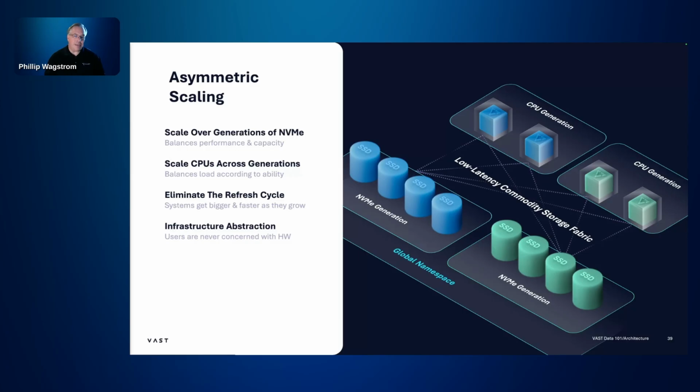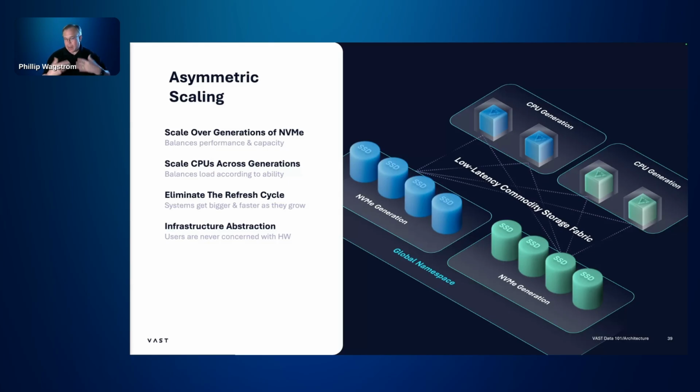And the nice thing about this is that as we add in those additional components, as we add in additional C boxes in the front end, be they the same architecture or newer generations of hardware, or we're adding in additional D boxes in the back end, the entire cluster can take advantage of all of that additional performance and functionality.